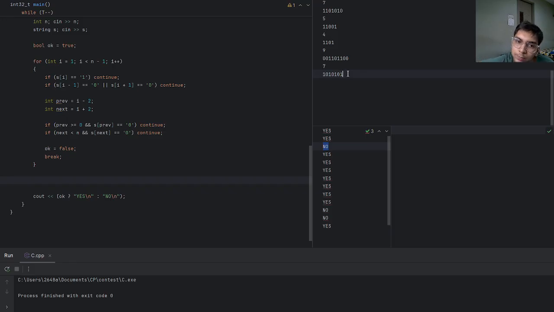If we get, if the number of ones or zeros increases by 1, put the counter to 0.